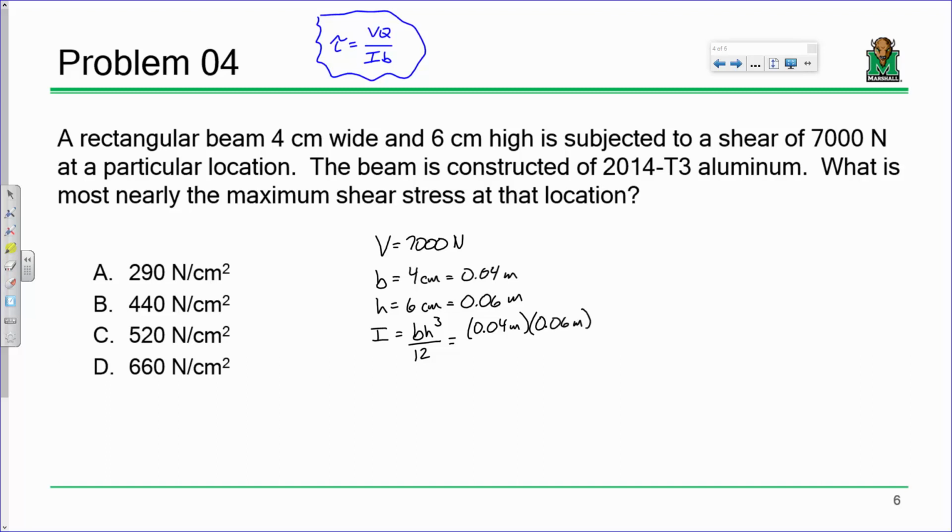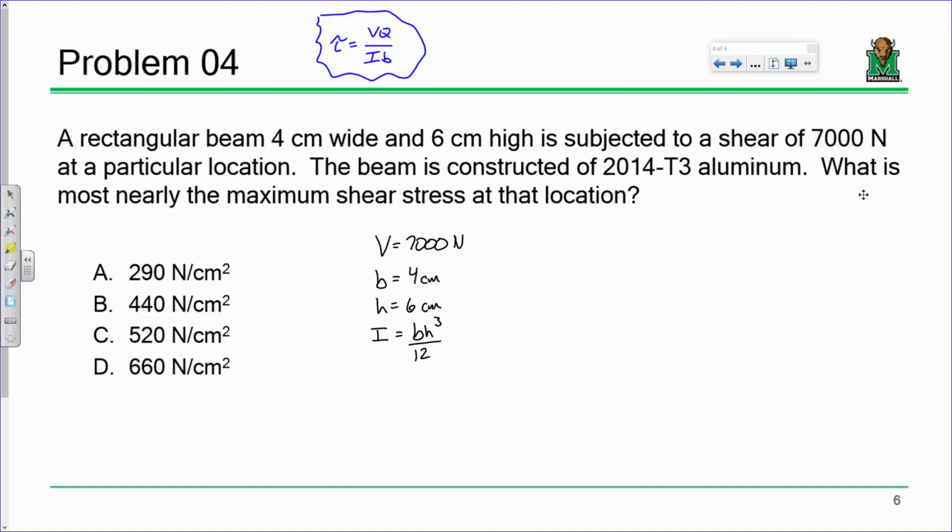Should we do this in centimeters since all the answers are in centimeters? Oh yeah, I guess we should. Because all the units are the same, really all we're going to get is the value answer.